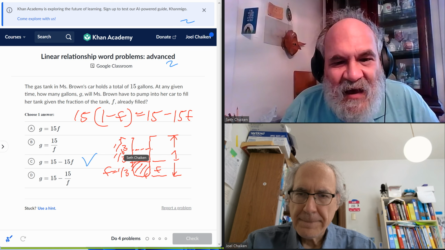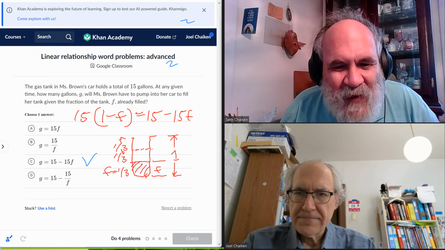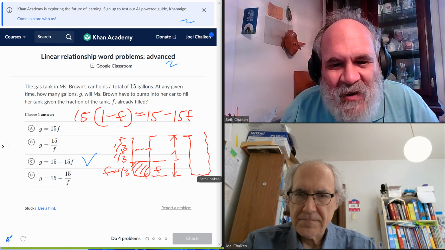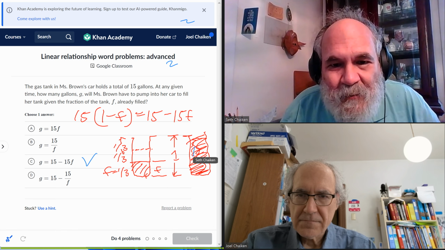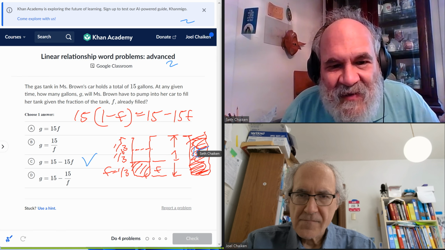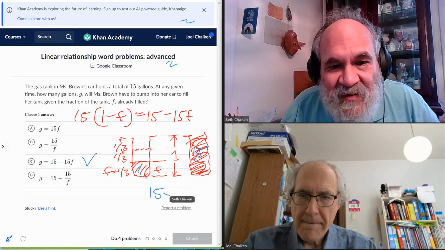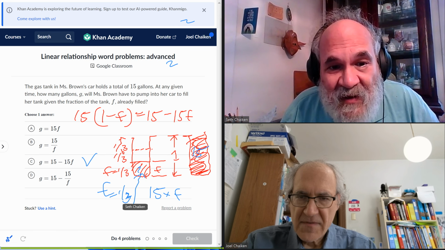And so if the total tank capacity, completely filled, is 15 gallons, then the amount that's here is 15 times F. So if F is 1/3, then the amount of gas in here is 3.